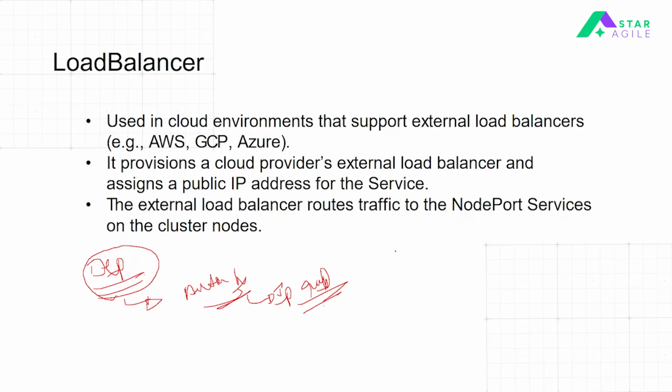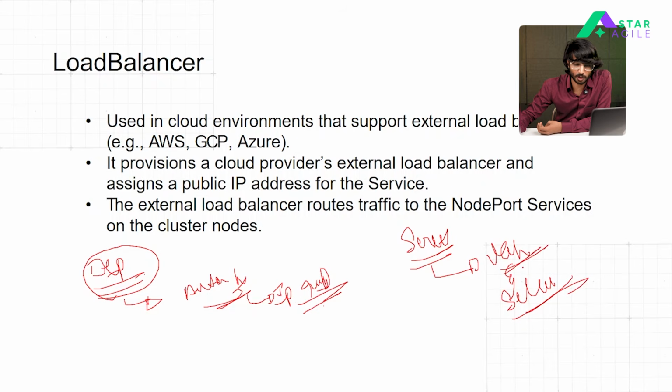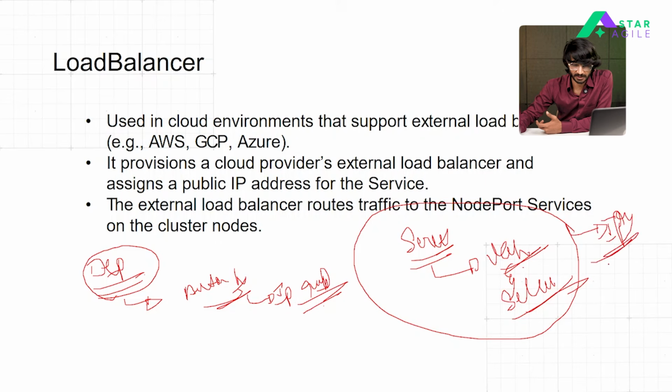Then what we did, we came up with service. By using service and labels and selectors, we were able to solve the issue of IP replacement. Because service identifies the pods by their labels, not by their IP addresses.